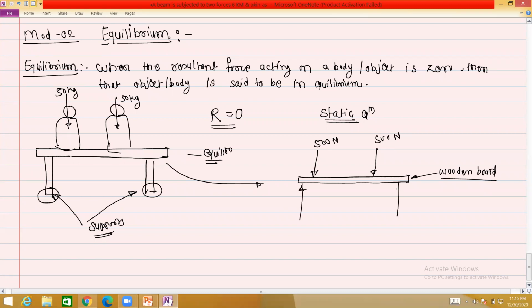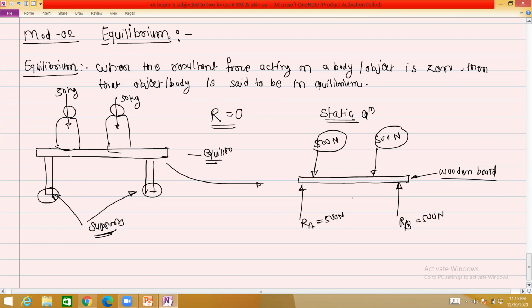These are two support reactions offered by the two supports. We can consider these two support reactions as RA and RB. RA and RB will have the same value, 500 Newton and 500 Newton.